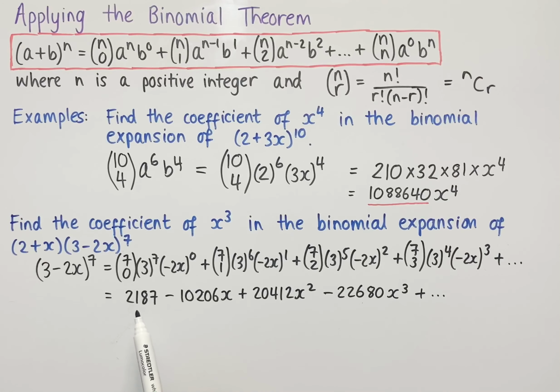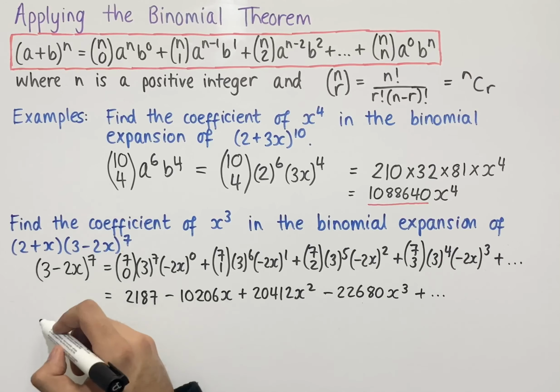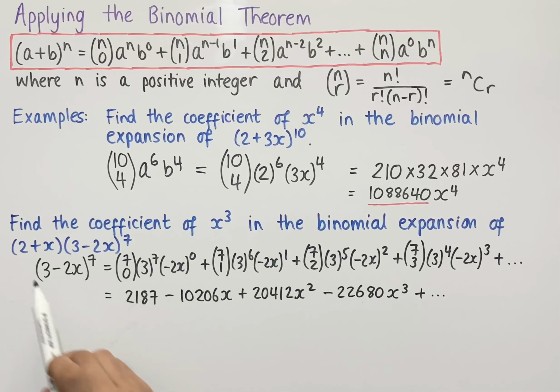So now that we've written some of the terms for (3 − 2x) all to the power of 7, we know that we would expand this with the first bracket here, 2 plus x. So we're now going to rewrite this using just these terms and this first bracket.